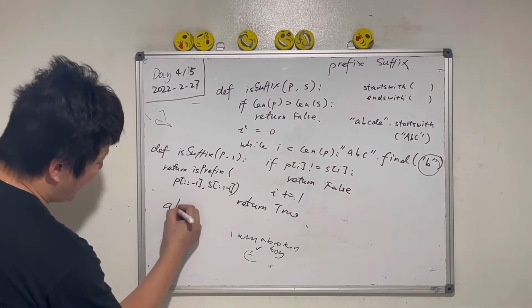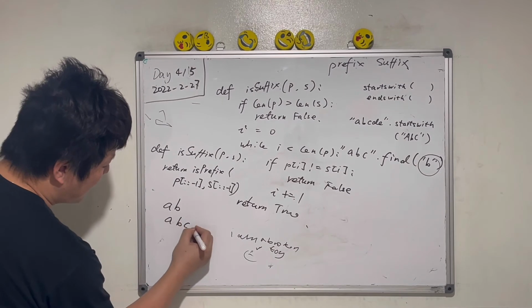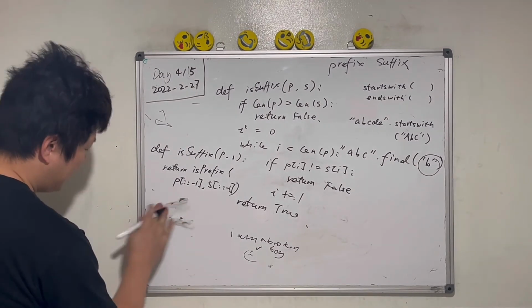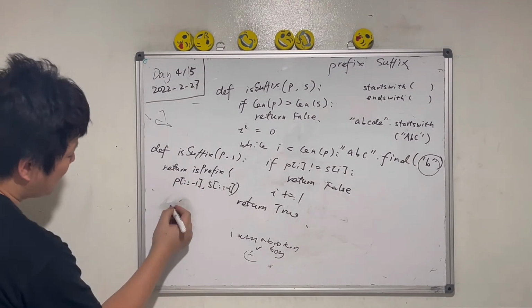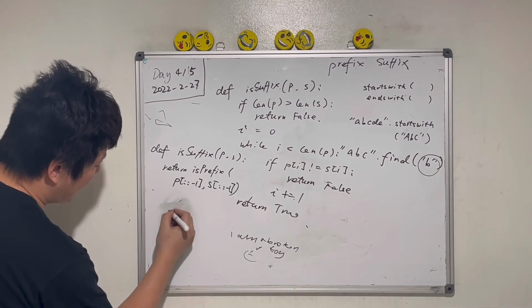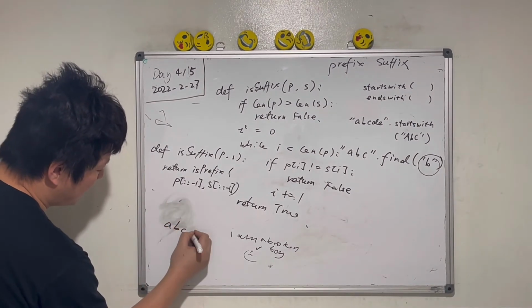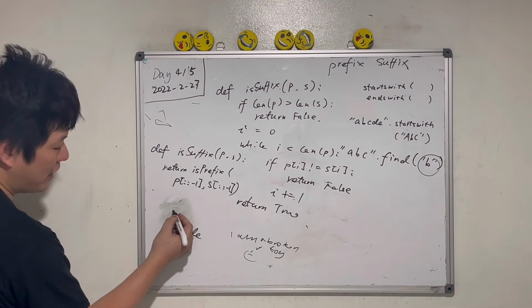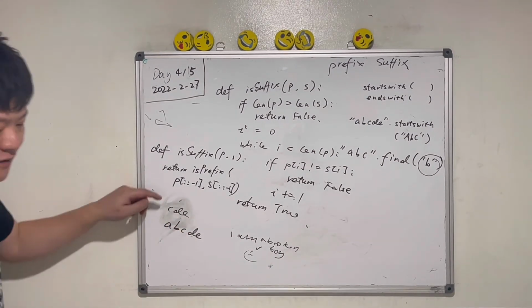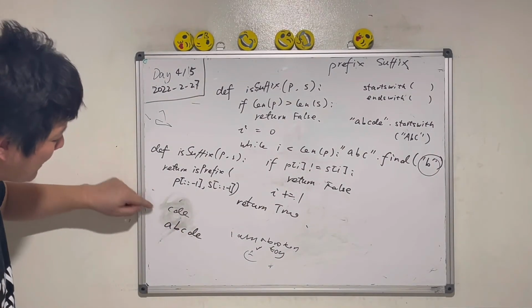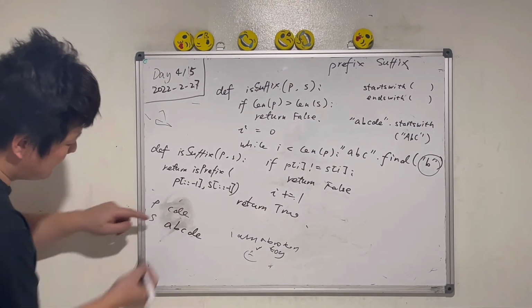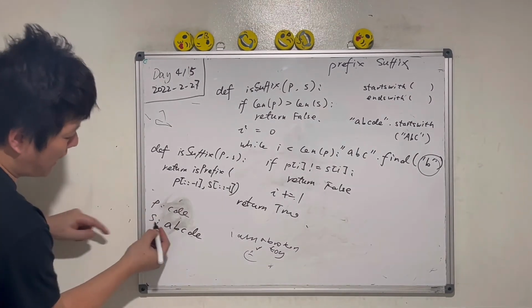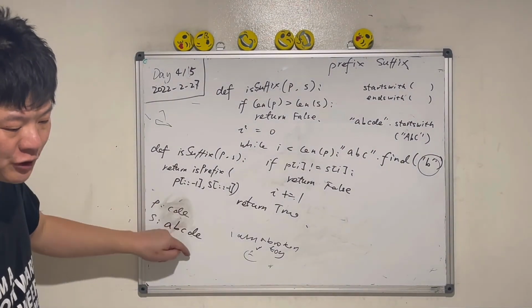Look, why is this working? Let's say original string is A B C D E, and then we want to find out if C D E is a suffix of that, right? We want to find out if P, which is CDE, is a suffix of ABCDE. So we reverse both strings.